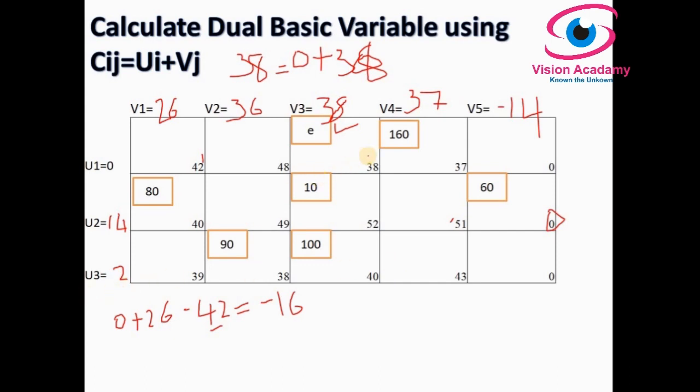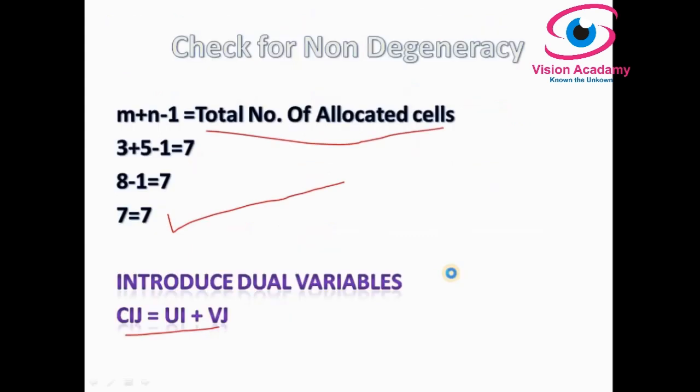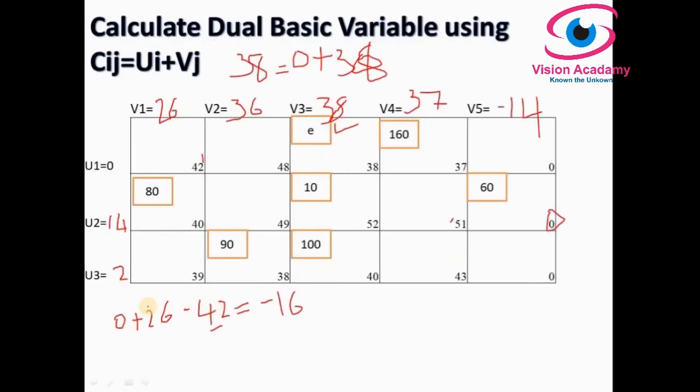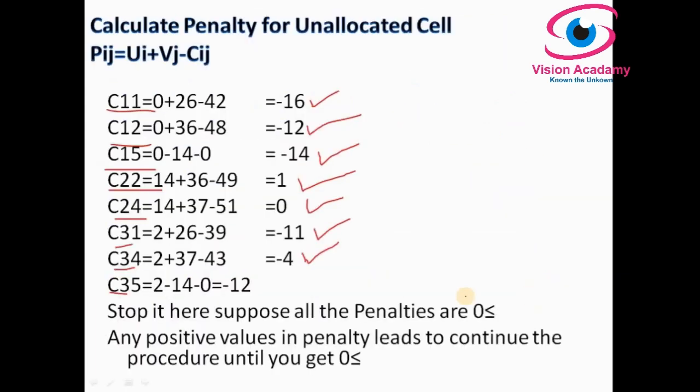So 2 plus 37, 39, the Cij value is 43. 39 minus 43, that Pij value is minus 4. And last column, C35, U3 value is 2, and V5 is minus 14, and Cij value is 0. So 2 minus 14, that's minus 12. The minus 12 minus 0, that is minus 12.